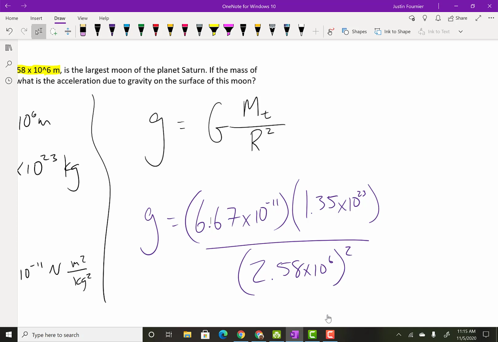And then I'll divide that by everything else. So we've got 6.67 times 10 to the negative 11 multiplied by 1.35 times 10 to the 23, and then take all of that and divide it by my answer. And I'm getting 1.35.